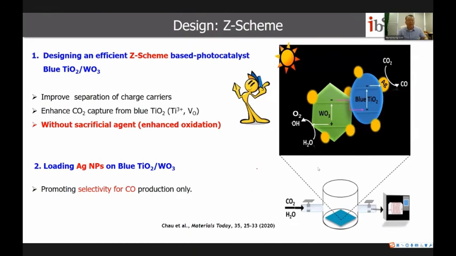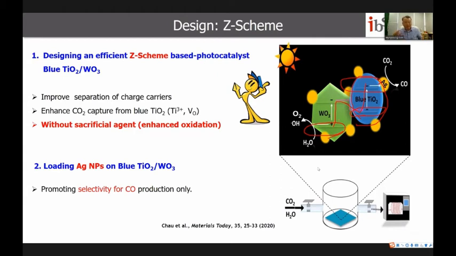Okay, so here is something easily understood. We are using our blue TiO2, and also intensifying the valence band using the WO3 material, having the conduction band and the valence band with a large separation.